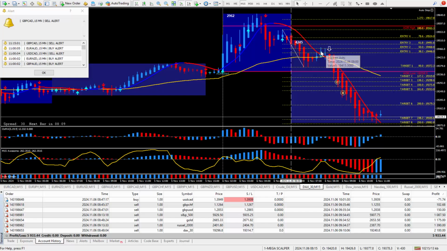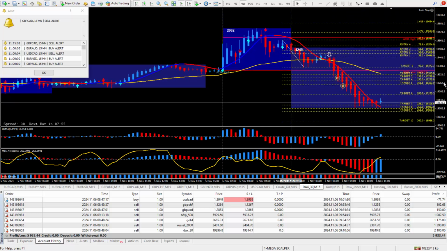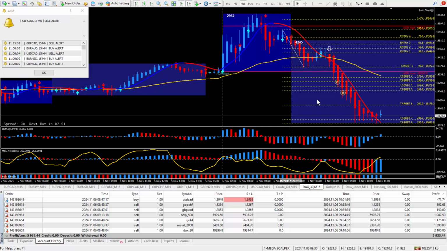So getting in anywhere around this area, so any of the entries, and it'll usually hit at least target 2, 3, 4, 5. And on this day, it actually hit target number 8 right here. It does have a grand total of 10 targets. There it is right there. So it's a great tool to have, as it will force you to trade the right way as opposed to trading the wrong way.